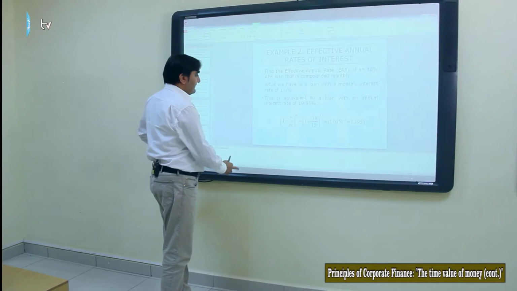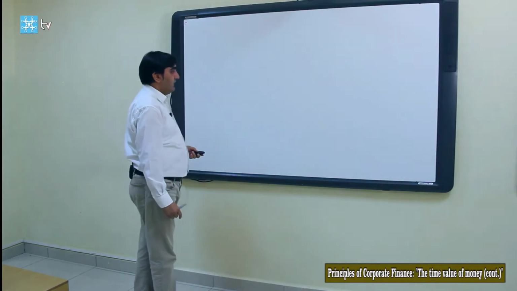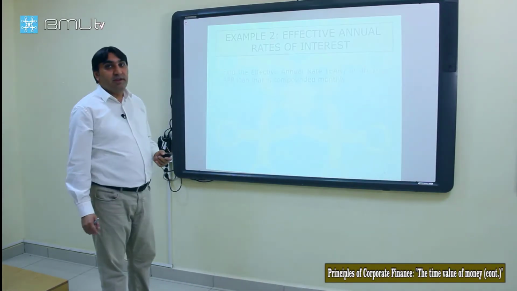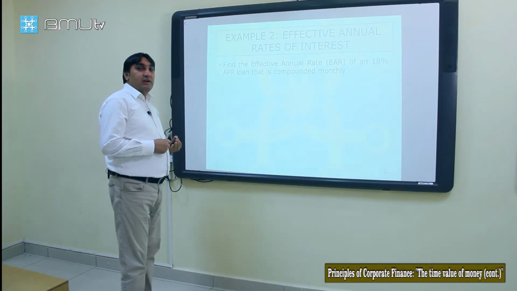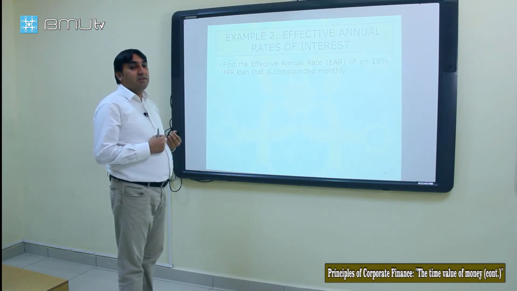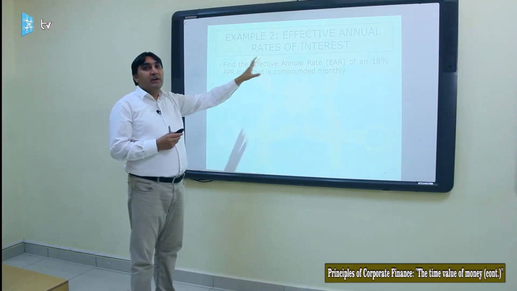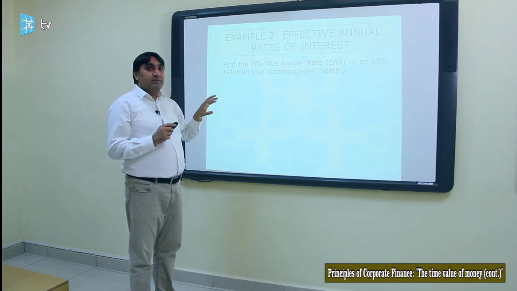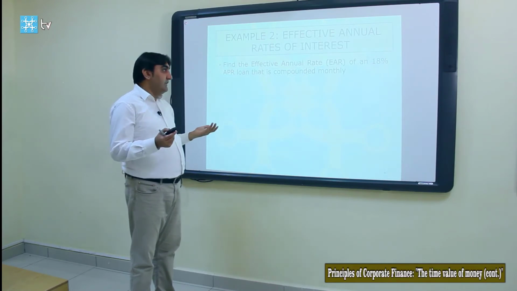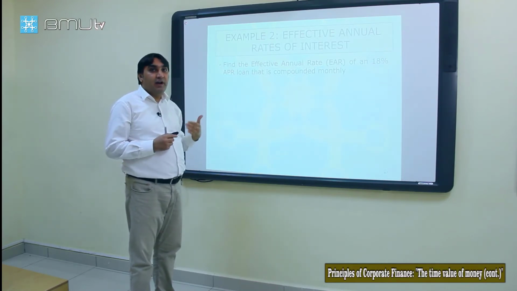Effective annual rate, sometimes this approach may confuse borrowers. For example, they say that we lend you at 12%, but compound monthly. So it is clear that it will be higher than 12%.